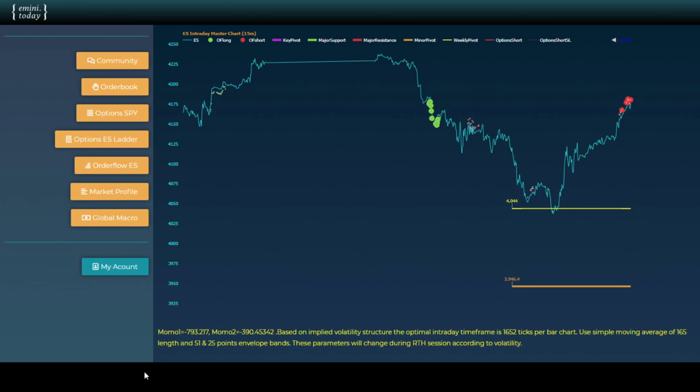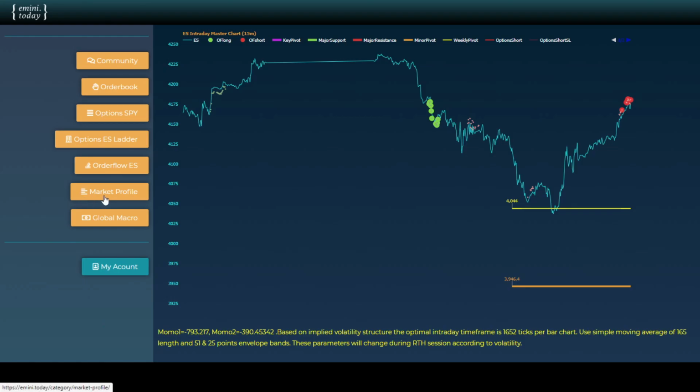So the first thing, and the most important for me, is to have a context. The context is the structure of price, which is expressed in the market profile, right?